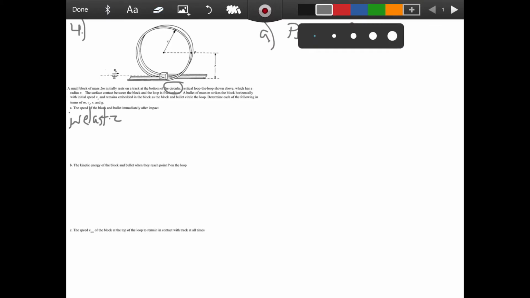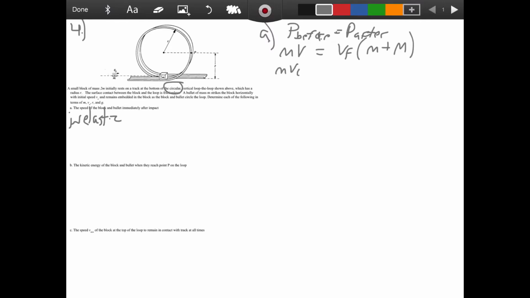So we have mv, and then afterwards we have some final velocity, which is what we're looking for, and then it's an inelastic collision, so we're going to add up m plus m, and now let's plug in. So we have a bullet of mass m times v naught equals this final velocity we're looking for.